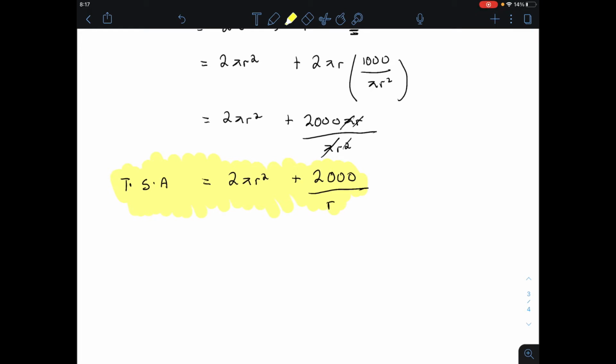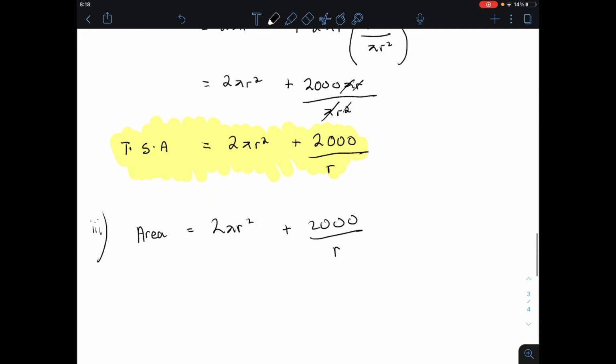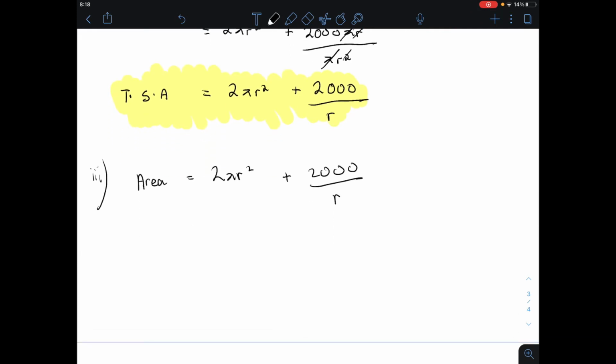So our equation for the area is equal to 2 pi r squared plus 2,000 all over r. Okay, so I want to find dA dr. I'm going to derive my area with respect to the radius.